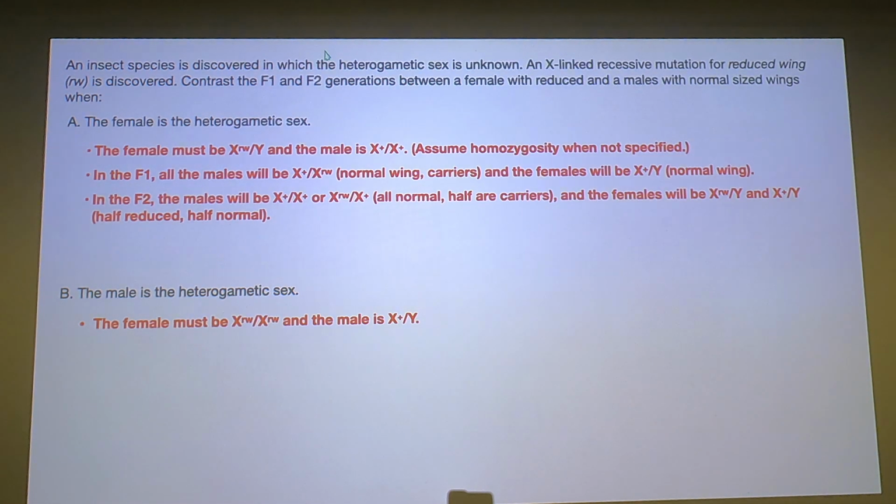All of the females will be heterozygous, and then the males will be the reduced wing Y. Right, so all the females will get one of these reduced wing X's, and they will also get an X plus, so they'll express the wild type phenotype, but they'll be carriers. And what about the males? They'll be reduced wing and Y. The males will all inherit this X RW and a Y, so they'll all be reduced wings, 100%.